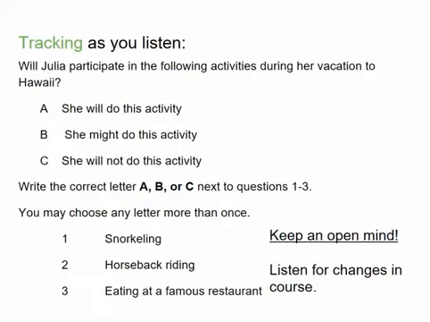The answers will come in order, but they can go back and forth between them. Let's say that they're talking about horse riding, and the speaker may seem like she's definitely going to do this, but then she might change her mind after a few sentences later. Just keep that in mind, that speakers often do change their minds or change course in IELTS listening passages.